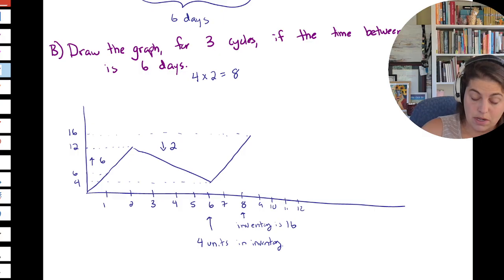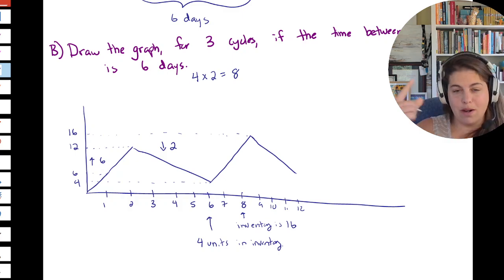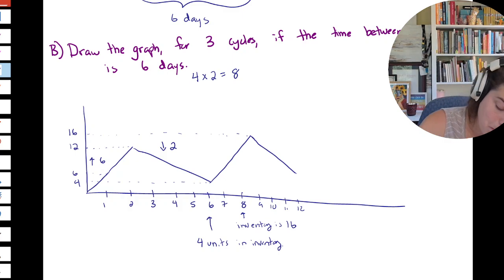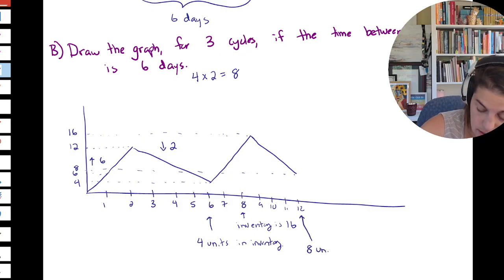For 4 more days, we're going to go down by 8, because we're going to use the 4 days' worth of inventory up. This is not a great graph, but we're now going to have 8 units left in inventory. And it continues on.